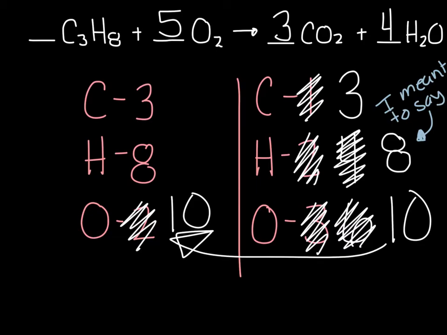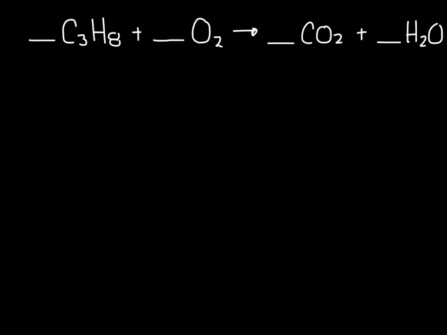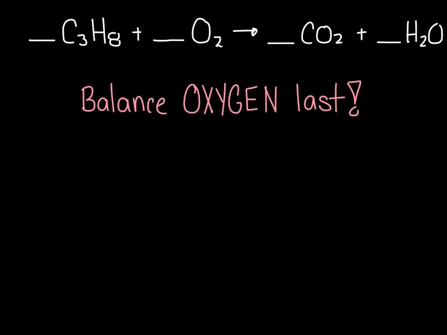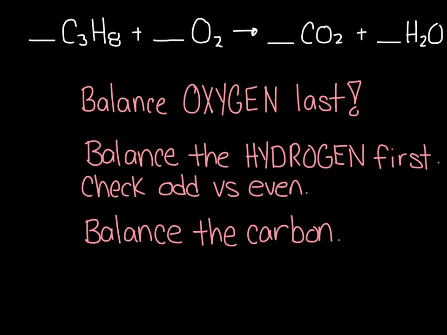Okay, I know that might have sounded a little bit confusing, but we'll do a few more problems just for practice. A few reminders of what we just did. A few rules. One, we balanced the oxygen last. And the other big rule was we balanced the hydrogen before balancing anything else. We checked to make sure that the number that we were going to put in front of the water was going to be an even number.